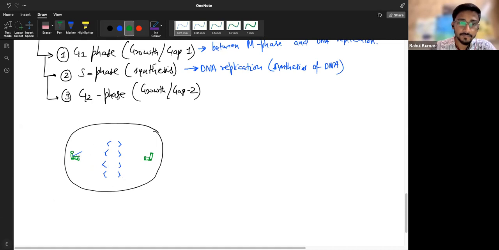Do you understand now what I'm doing? The spindles are getting shortened and they separate the two chromatids.